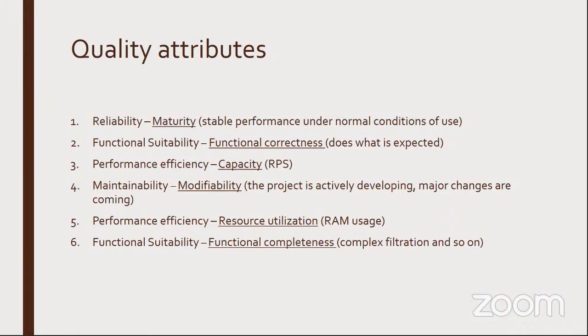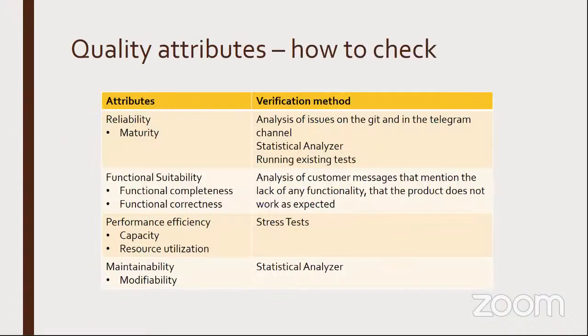And the last one is functional suitability and functional completeness. So we should have some set of functions like complex filtration, joins, and so on, to satisfy client needs. So how do we check these attributes? First of all, about reliability, we tried to gather and analyze information about issues in Git and the Telegram channel.